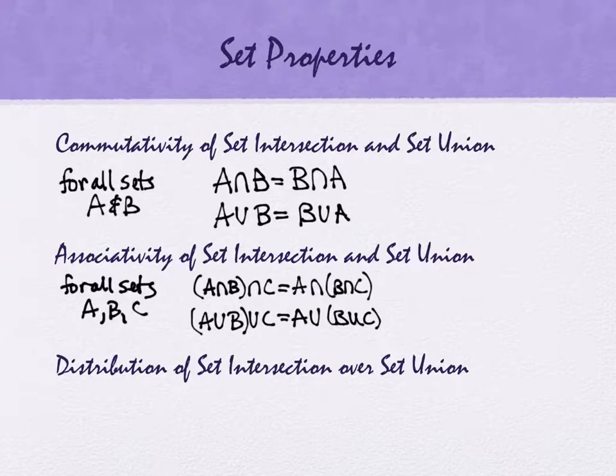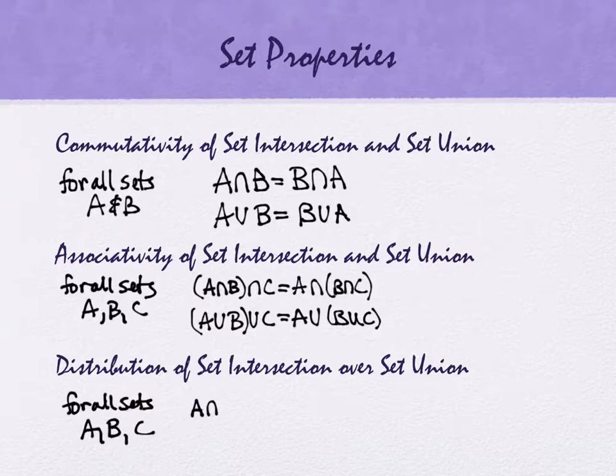Okay, so there's one more property specifically related to sets, and then there's one that's a similar description, but not really the same. This one again is for all sets A, B, and C. And this is the distribution of intersection over union, and this looks like the following.